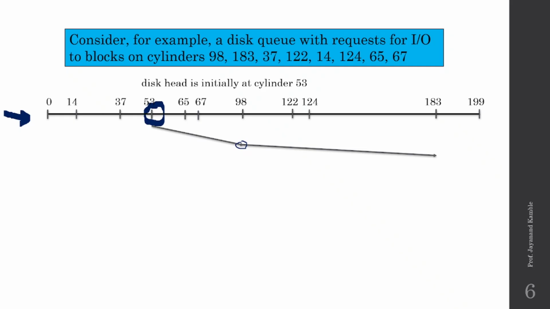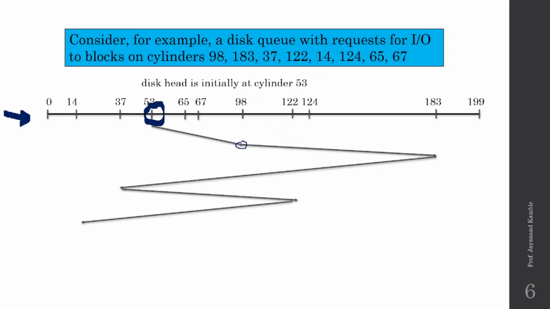Then it goes from 183 to 37, then to 122, and after 122 it goes to 14. After 14 it moves to 124, then comes back to 65 and then 67.